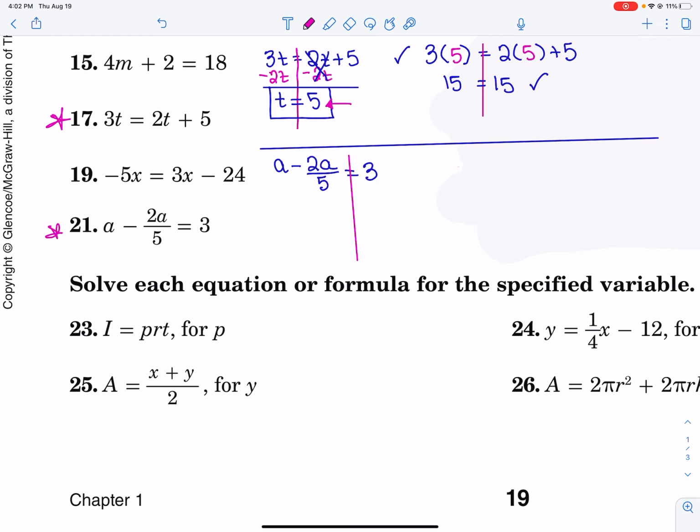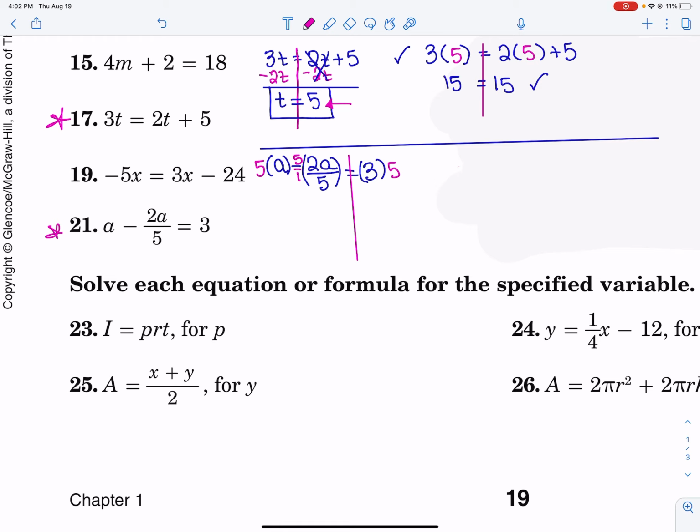So how do we get rid of dividing by 5? Well, the inverse is multiplying by 5. So what we have to do is multiply every term by 5.